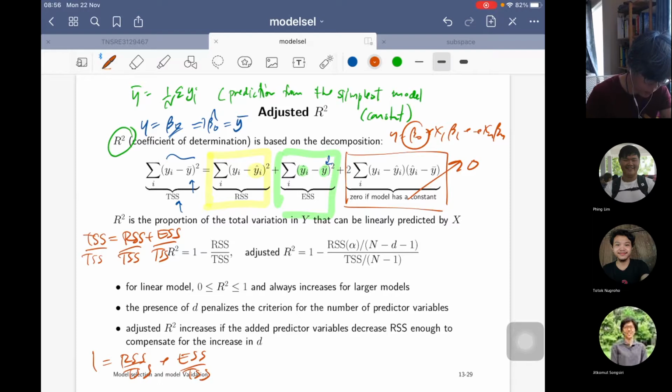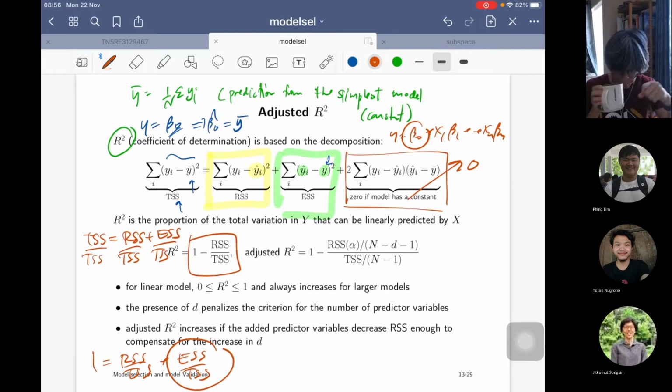R square is defined as 1 minus RSS over TSS. The higher R square, the better, and it is always bigger than 0 and less than 1.